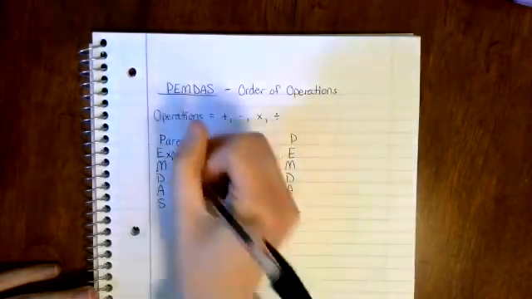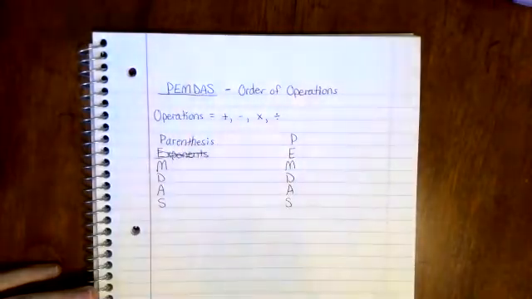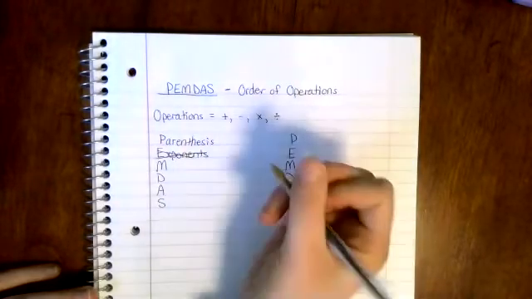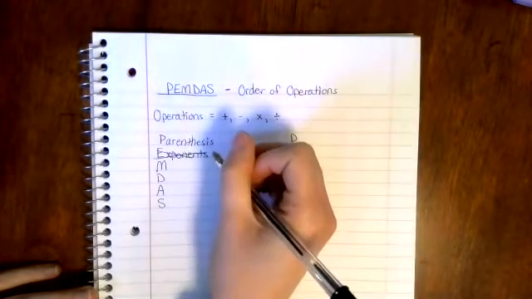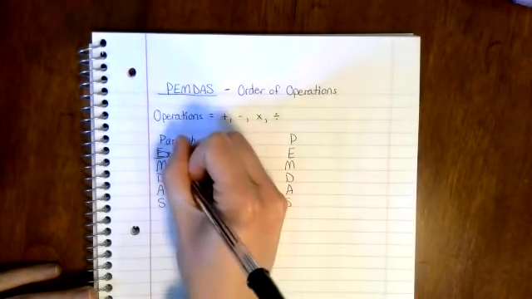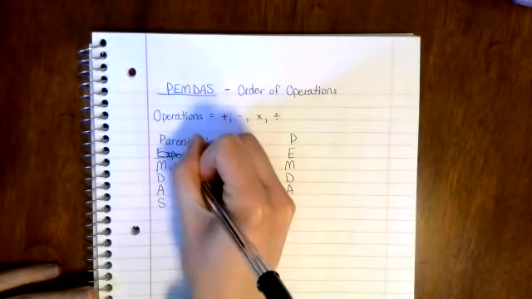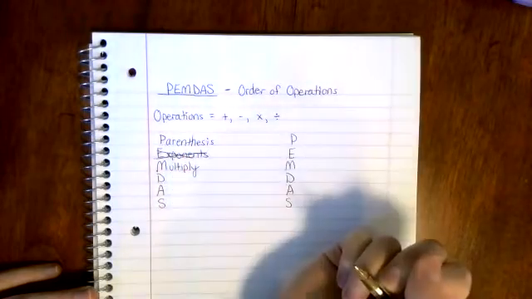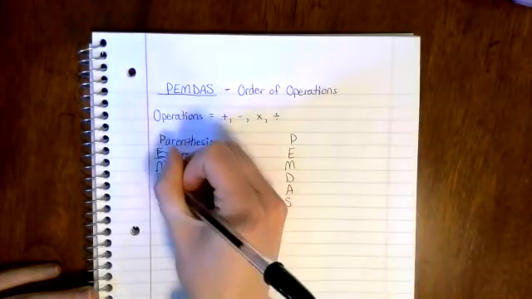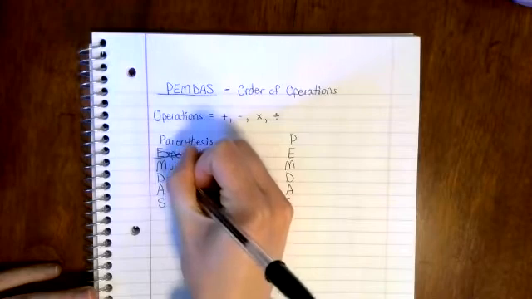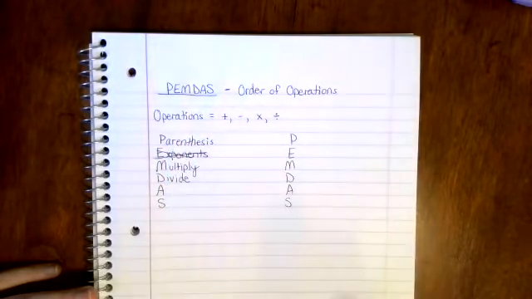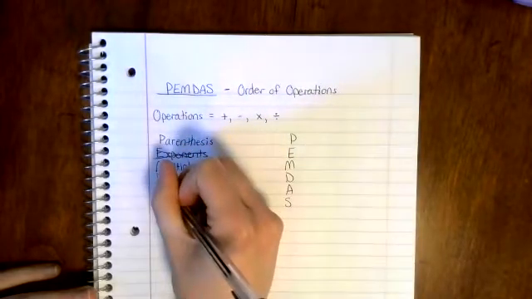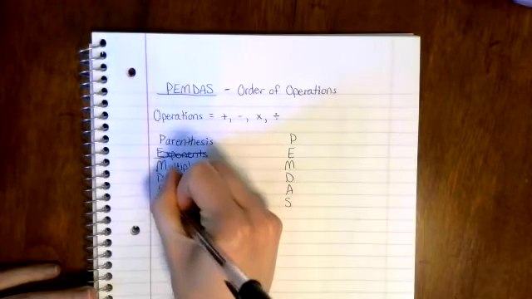Exponents you don't really need to worry about in 4th grade, but it is a part of PEMDAS and you will use it eventually, so just kind of keep it in the back of your mind. After we solve something that's in parentheses, then we do anything that deals with multiplication, so we multiply. Then we will do anything that deals with division, we will divide. Okay, the last two things that we can do is add and subtract.